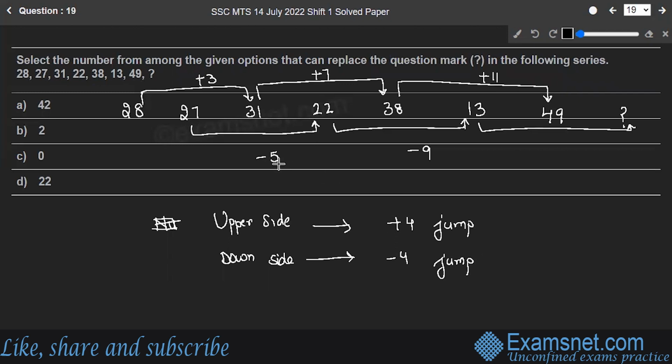So obviously what will come next? Minus 9, minus 4 will give you minus 13. So what will come at this place now? This is what you will be left with, 13 minus 13. This gives you 0. So 0 is the answer. Option C is the correct answer to our question. Hope you are clear with this.